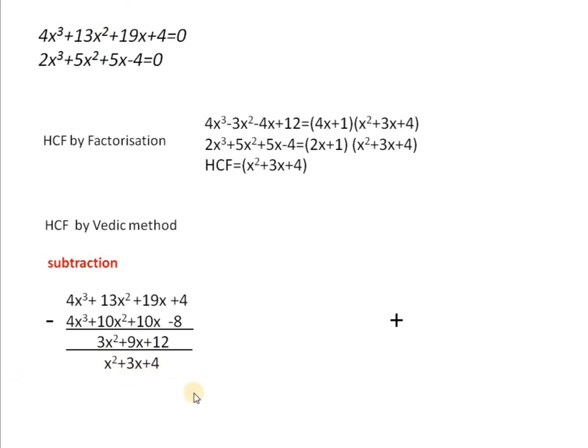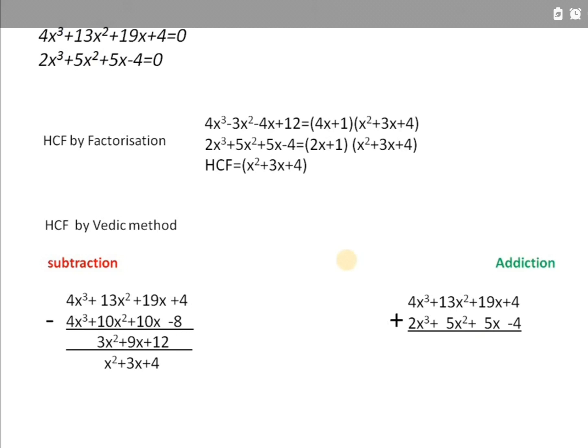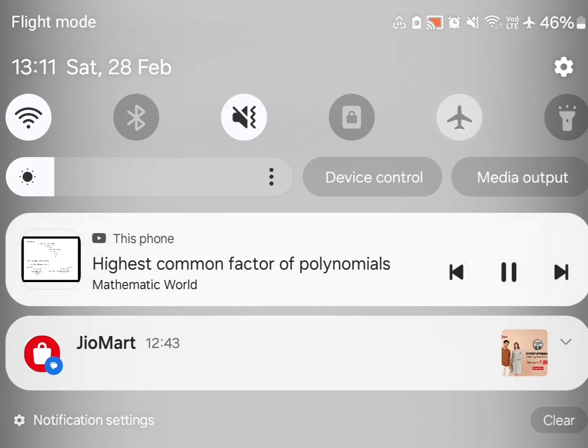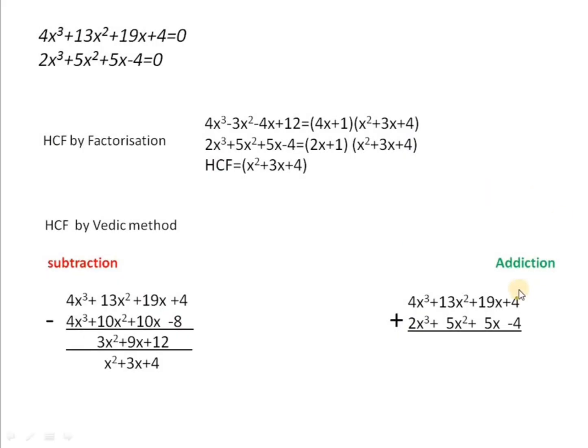So this is our highest common factor, but we are going to confirm it through another operation by eliminating the lowest term as well. Since the lowest terms are the same and the signs are opposite, we just have to add. We simply add and get 6x cube plus 18x square plus 24x.